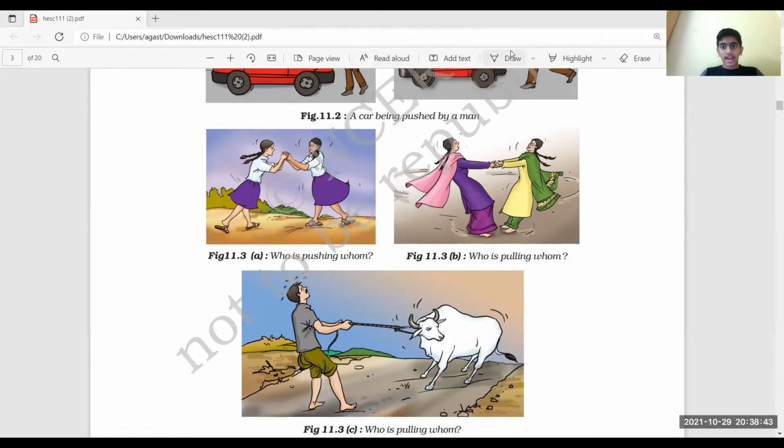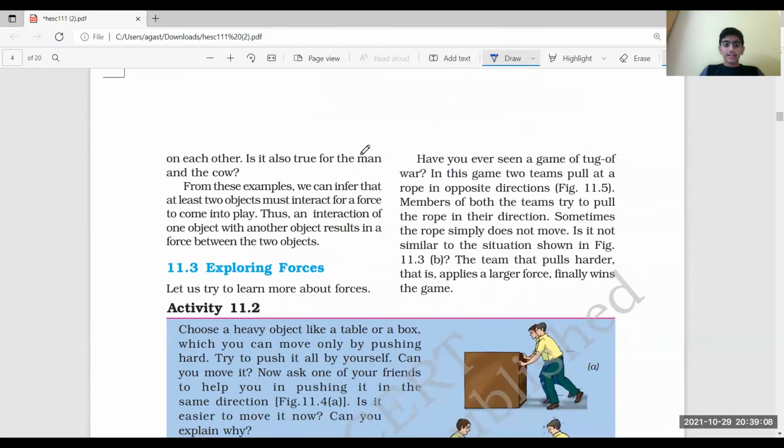Let me assume that this girl is Gina and this girl is Meena. Let me assume that Meena is exerting more force. It isn't like that, because on both sides there's an equal force. The person who exerts more force will win or will push the other one. Getting the point?